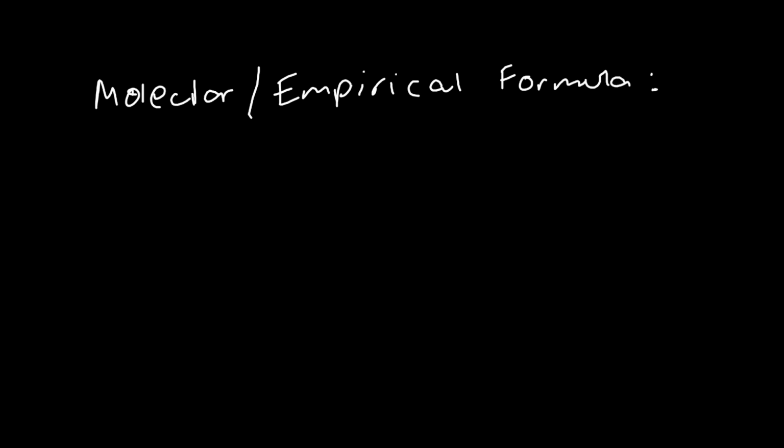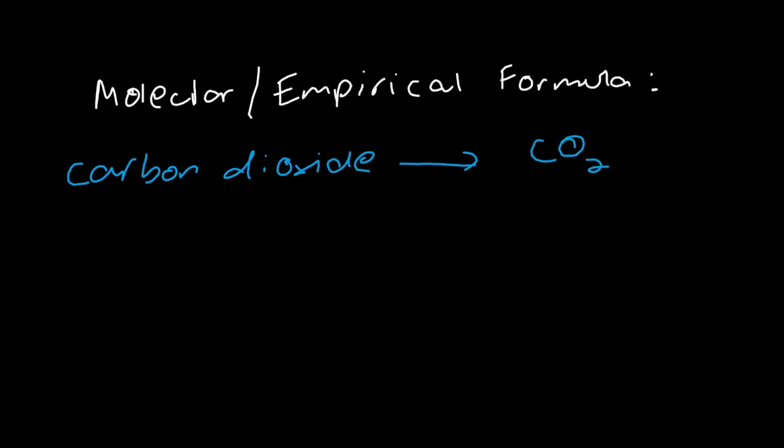For example, carbon dioxide, we know that compound to be CO2. A molecular formula may look like C5H10, which might be a certain compound, but the empirical formula would be the simplest form of that compound.